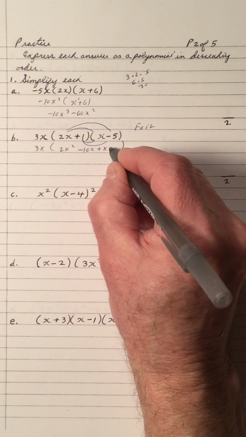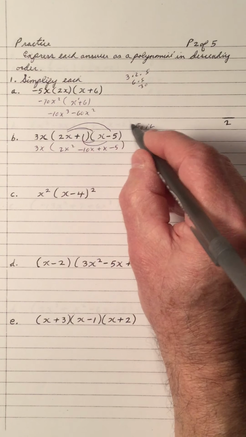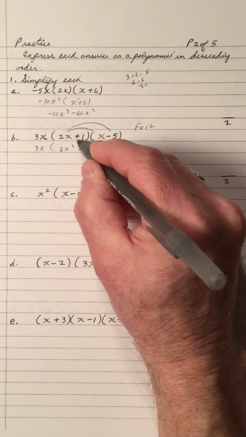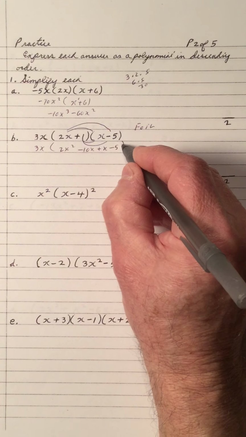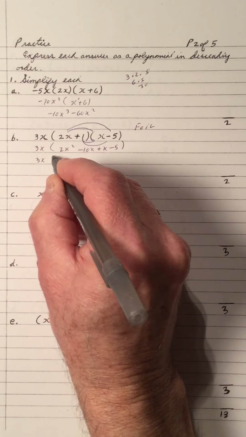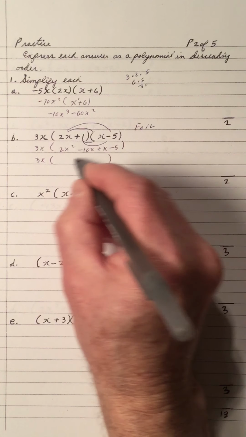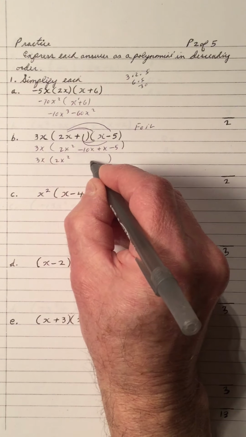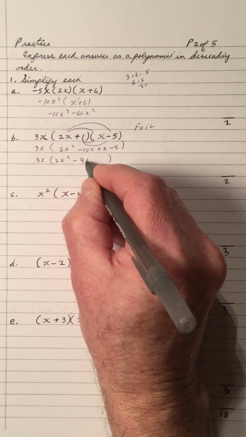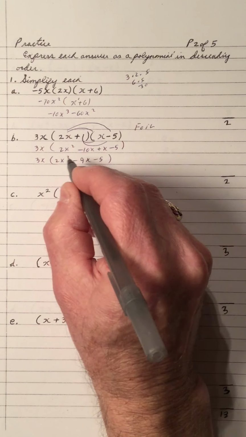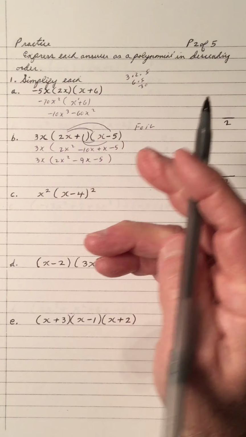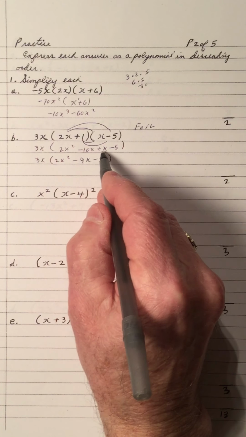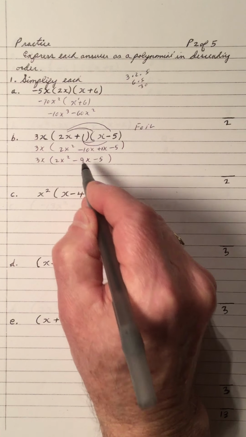And 1 times negative 5 is negative 5. So that's the first, outside, inside, last, multiplying by FOIL. And you should make sure that is simplified, because if you simplify it, you have less multiplication to do in the next step. So negative 10 and 1, that's a 1 understood, that's a negative 9.